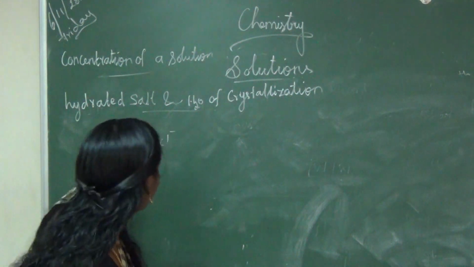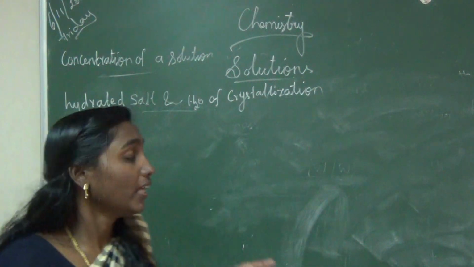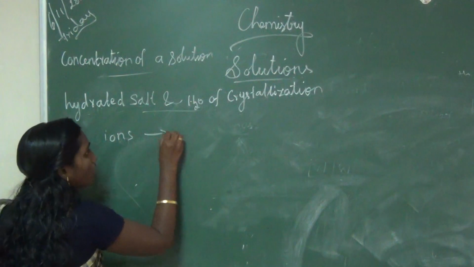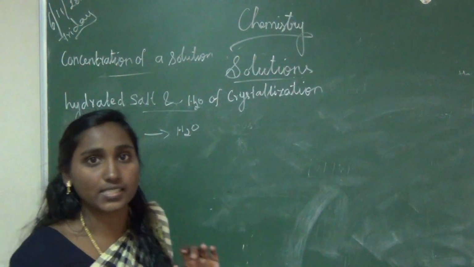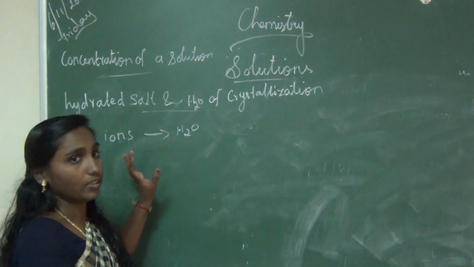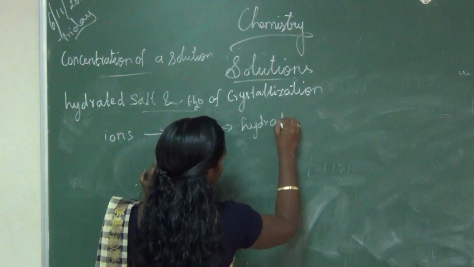When ionic substances are dissolved in water, the ions attract the water molecules chemically in a certain ratio. This process is called hydration.